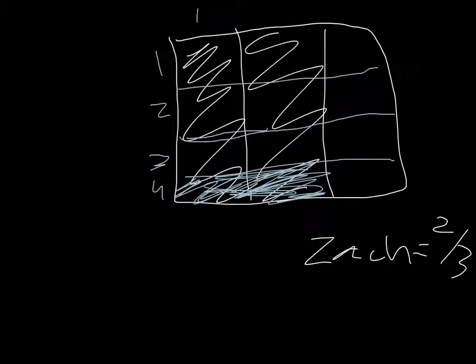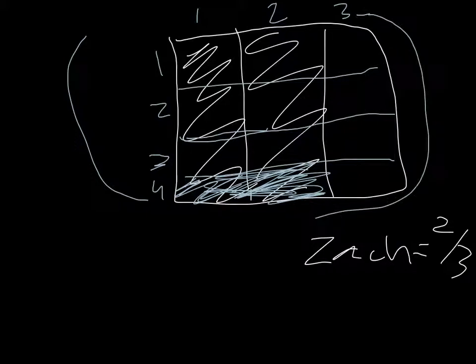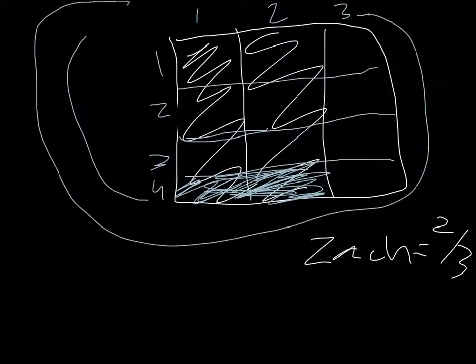So 4 times 1, 2, 3. So if we bring the 4 and the 3, we get 4 times 3, and that equals 12.